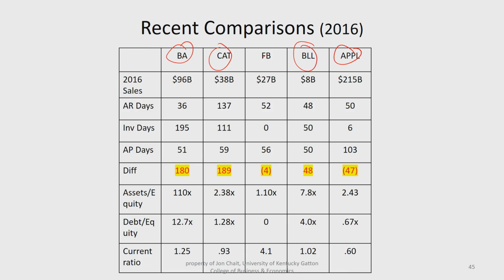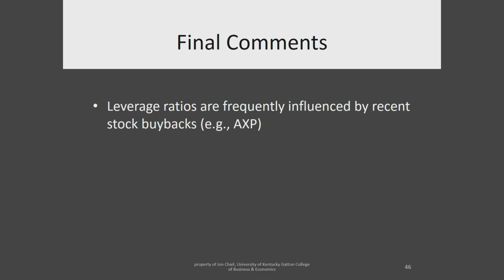But if you just look at Boeing and Caterpillar, 2 heavy manufacturers selling big equipment, their inventory days are huge, and they can't get their AP days all that high. And so they have a huge deficit that they have to finance. So that's why I wanted to show you, and we do a few comparisons.